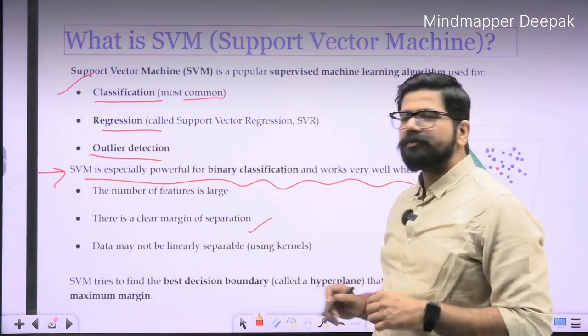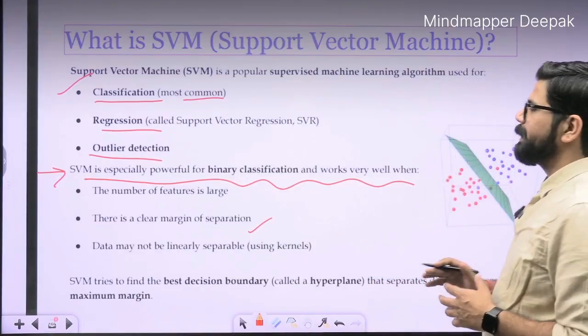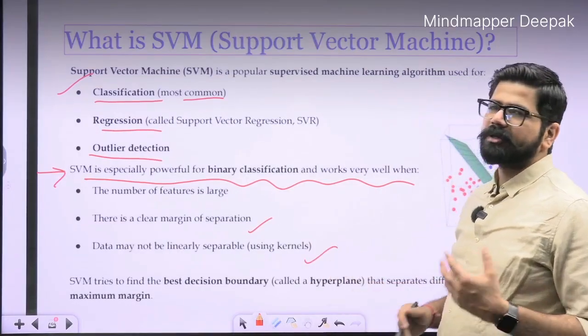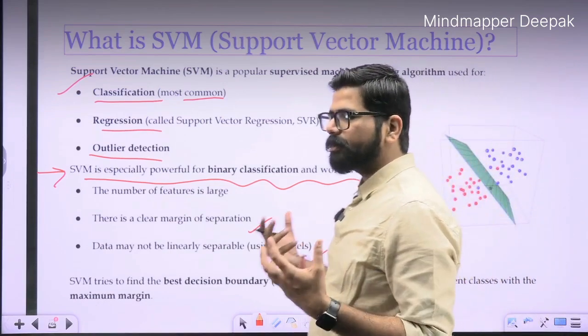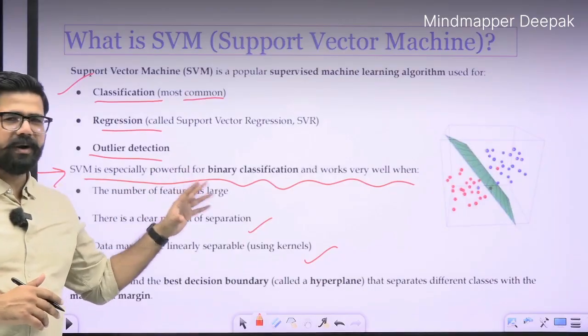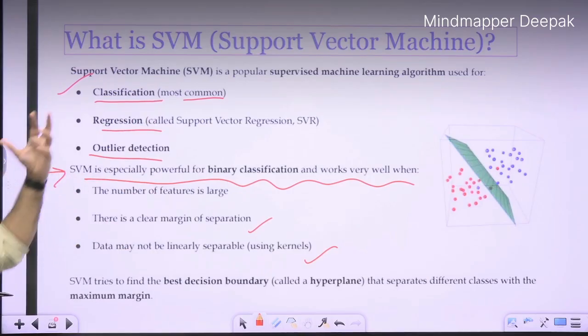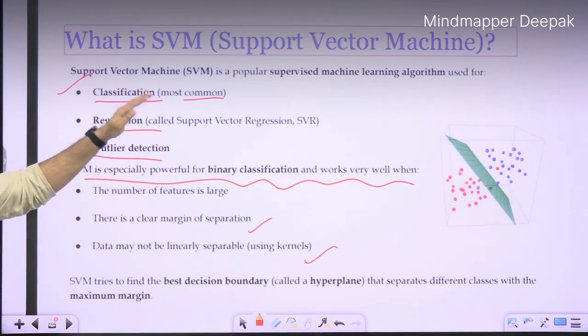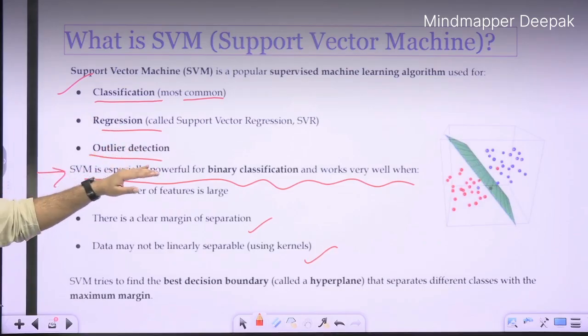There is a clear margin of separation. If the data may not be linearly separable, then in that case you need to use kernels to refine the support vectors. If anyone asks you what a support vector machine is, it is a supervised machine learning algorithm used for classification, regression and outlier detection.